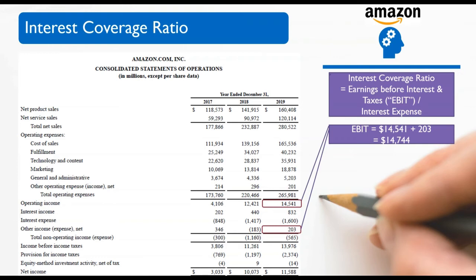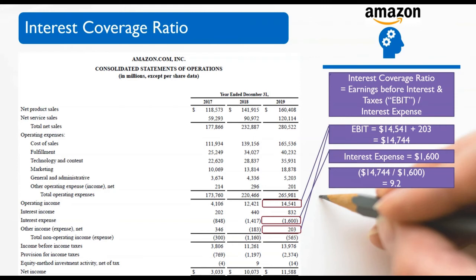And that gives us $14.7 billion of earnings before interest and taxes. We then locate the interest expense during the year of $1.6 billion. Taking these amounts, we come up with an interest coverage ratio of 9.2 times.